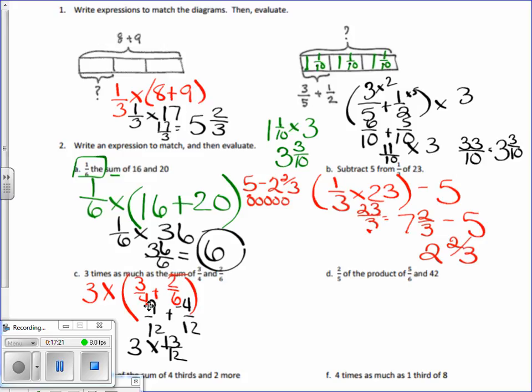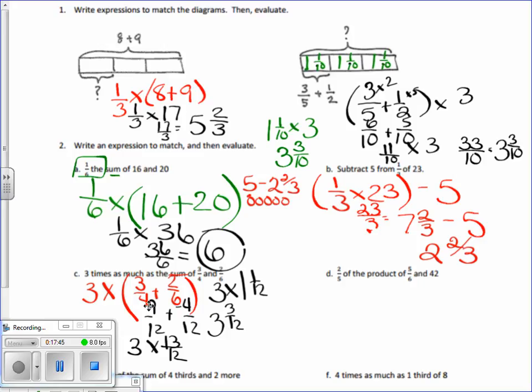So if you went ahead and made this a mixed fraction, that's okay. Or you can multiply it through. So I could do 3 times 1 and 1/12. If you do that, you have to multiply 3 times 1 and 3 times 1/12 and get 3 and 3/12.